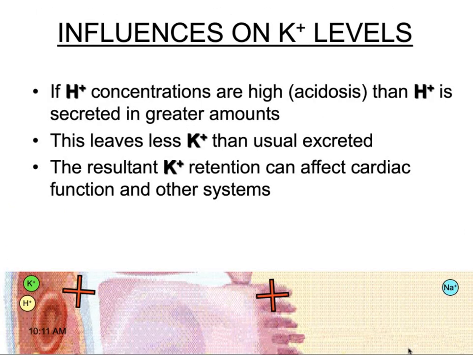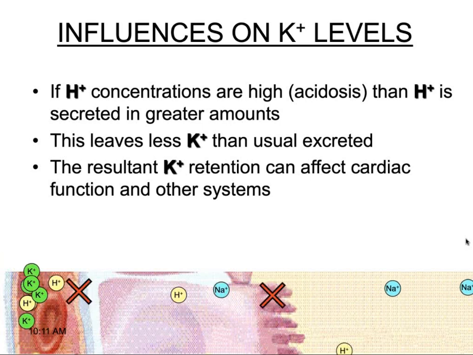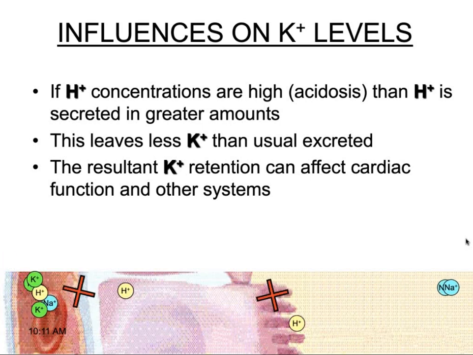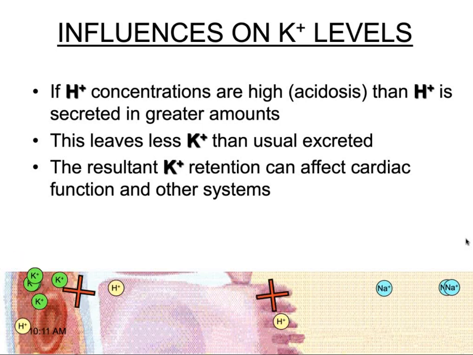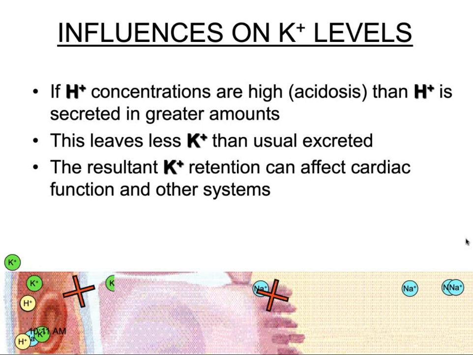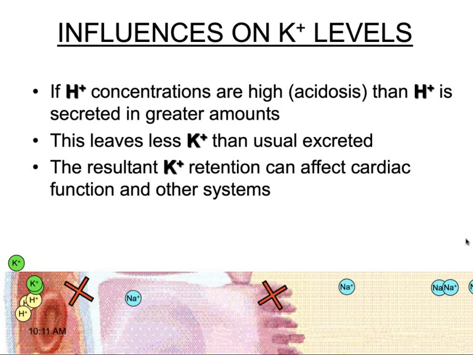What are the influences on potassium levels? If hydrogen concentration is high, or when the environment is acidotic, then hydrogen would be secreted in greater amounts, as in the lectures on renal physiology. What will happen because of that is that this will leave less potassium than usual to be excreted.